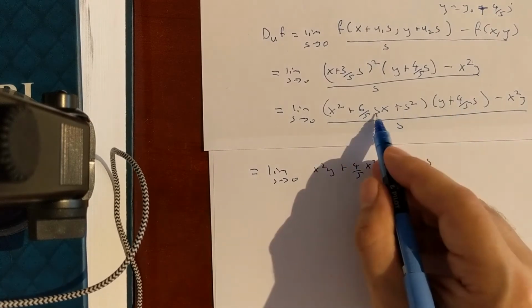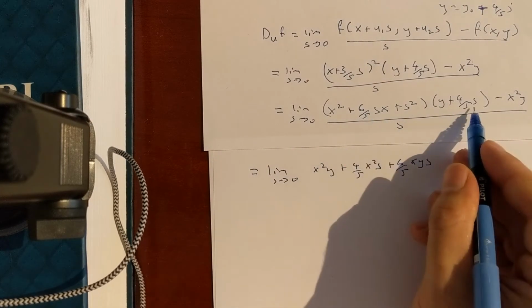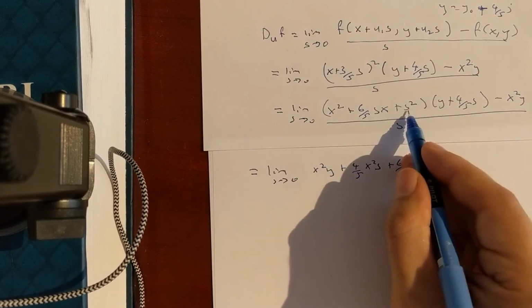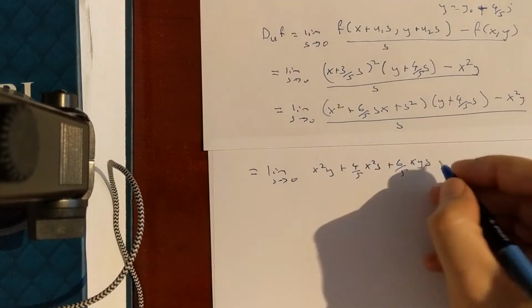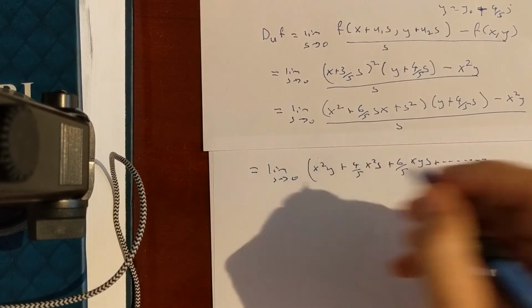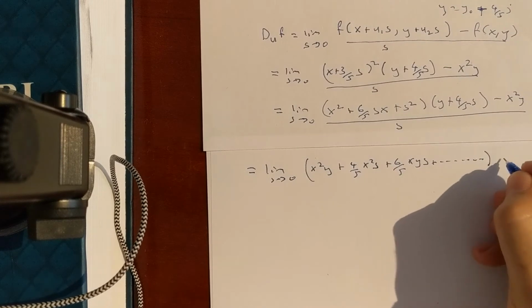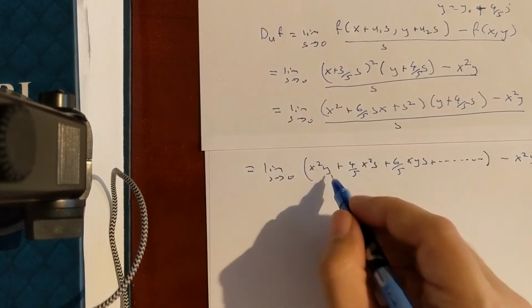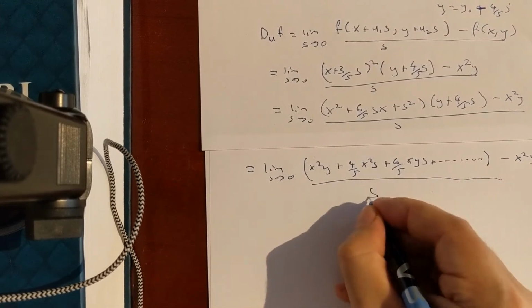Now, I'm not going to do the multiplication of this guy with y, because that's going to be an s squared. It's going to go to 0 anyways. Similarly, all the terms including this. So plus some junk, I don't care what it is. They all have more than s in it. Minus x squared y, all over s.